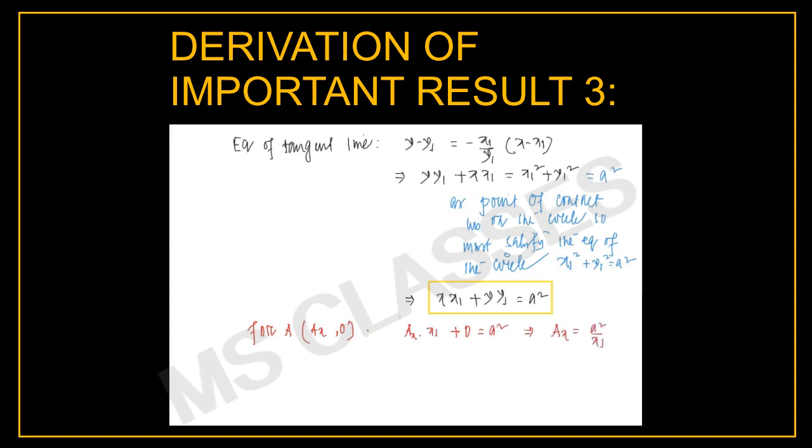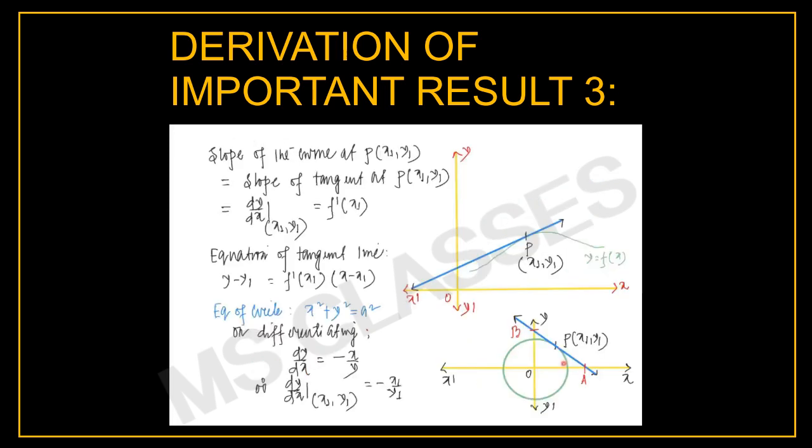Similarly, for the point B, which is 0 comma ordinate of B, that will be 0 plus y1 into ordinate of B equal to a square. Now this gives us that the ordinate of B equal to a square by y1. Now what is our intention? To get the area of the triangle here.